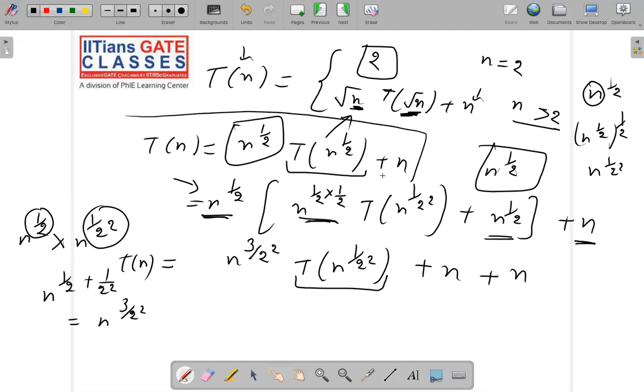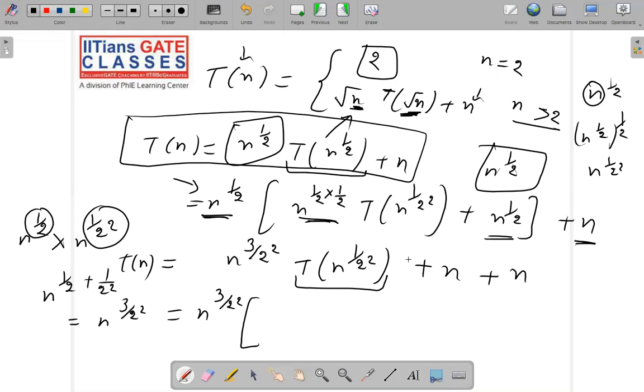In this equation, if we replace n with n^((1/2)^2), it will go like this, n raised to power 3/2 square. Let me solve one more term, then I will directly go back to the base condition, and I will tell you how many times we will iterate it. We'll iterate it k number of times, and what is the value of k.